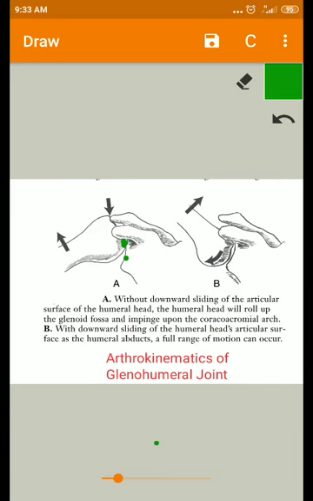Okay, so now here this is the contact point. Now this is the contact point. So the contact point of the head of the humerus is changing according to the type of movement. Okay, so that is the thing here.